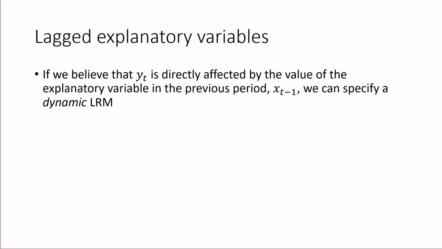So when that's the case, if you believe that y_t is directly affected by the value of an explanatory variable in the previous period, which we denote by x_{t-1}, where if t refers to February, t-1 refers to January, then we have a dynamic linear regression model, and it can be written like this. y_t depends on the income in this period, but also the income in the previous period.